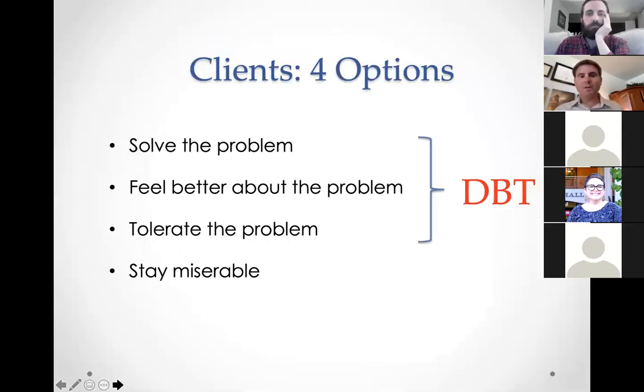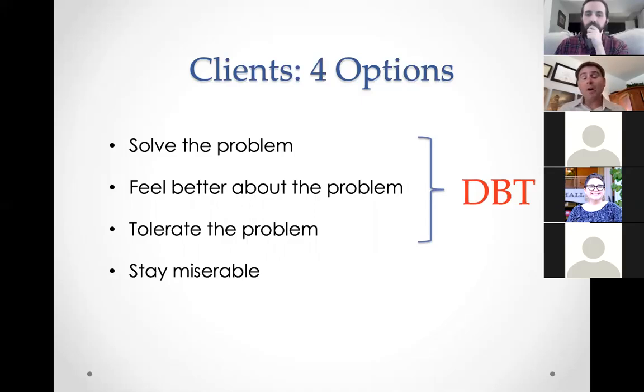Okay, so according to DBT, our clients do have 4 basic options when they seek us out in treatment. These 4 options are delineated in Marsha Linehan's manual. So when a client comes to see us with some kind of presenting problem, one option we have is to teach our clients the skills to solve that problem.